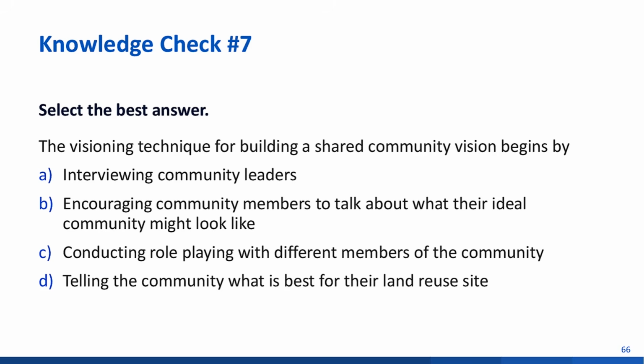D. Telling the community what's best for their land reuse site. I will pause for 10 seconds to give you a chance to select the correct answer. The answer is B. Getting individuals to talk about their ideal community is the visioning technique for building a shared vision.